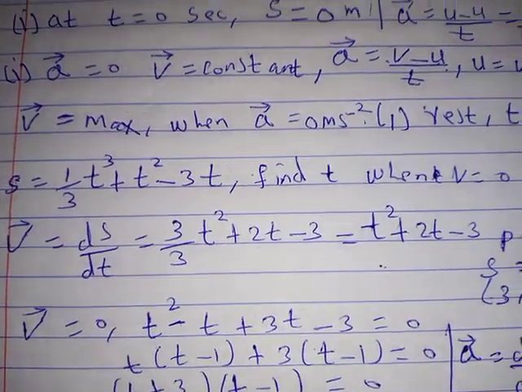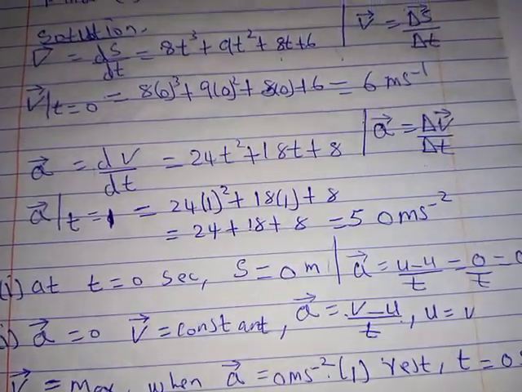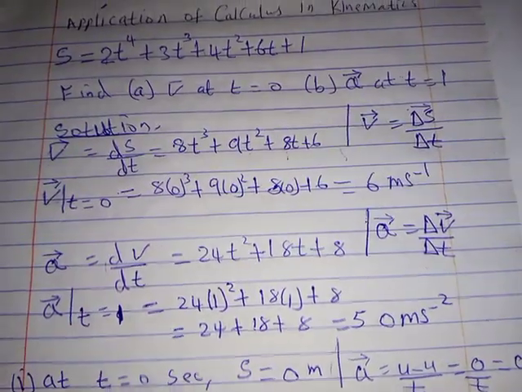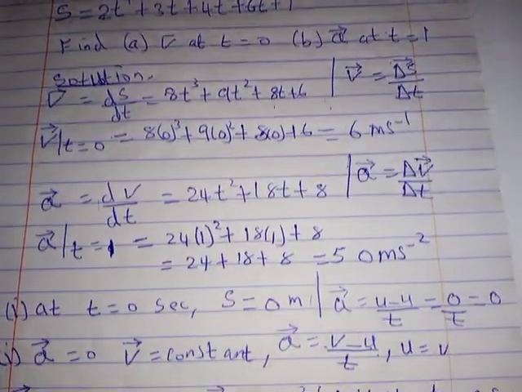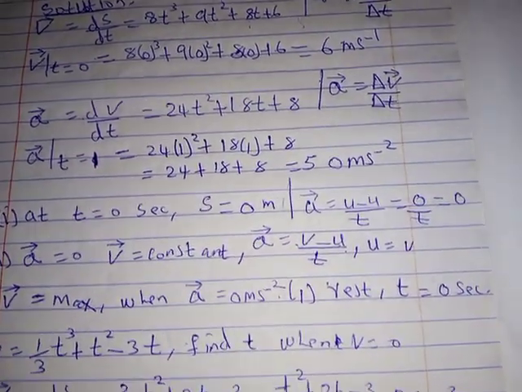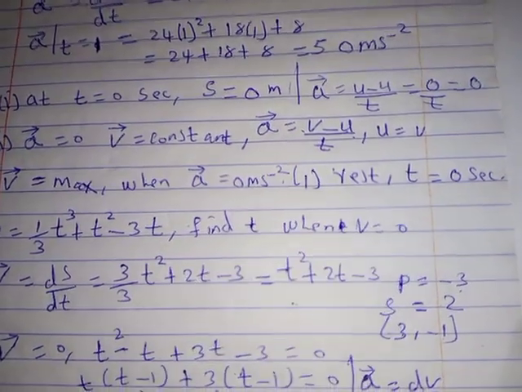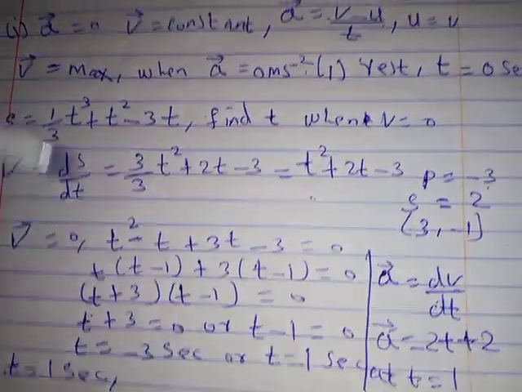And that is the way you can easily make use of calculus in kinematics, basically in determining the rate of change of a particle. And from the rate of change, we can get the average velocity and the average acceleration.